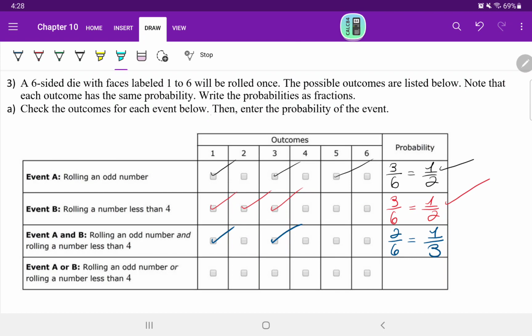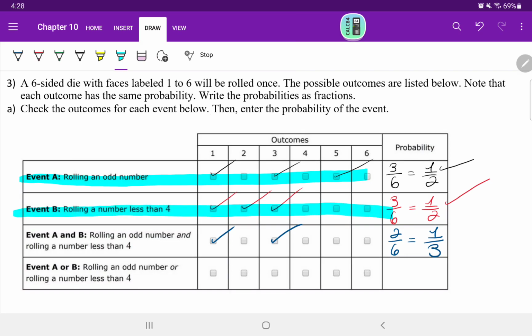So unite all the possibilities for event A with all the possibilities for event B. Put it together to form one overall computation. And when I do that, that is going to be selecting the numbers 1, 2, 3, and 5.